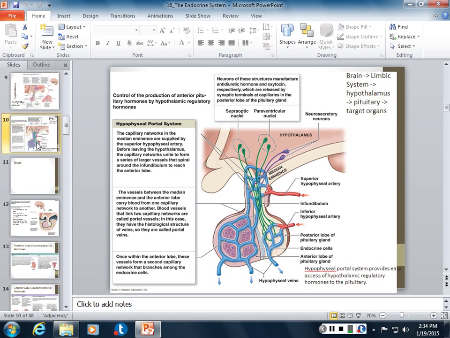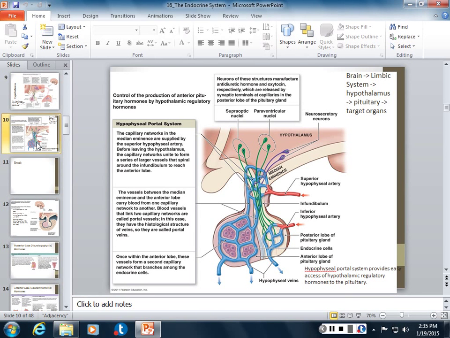So we oftentimes give these two parts different names. So the posterior pituitary, we call that the neurohypophysis, right? Because it's neural and it's part of the hypophysis. And then the anterior pituitary, we call that the adenohypophysis.